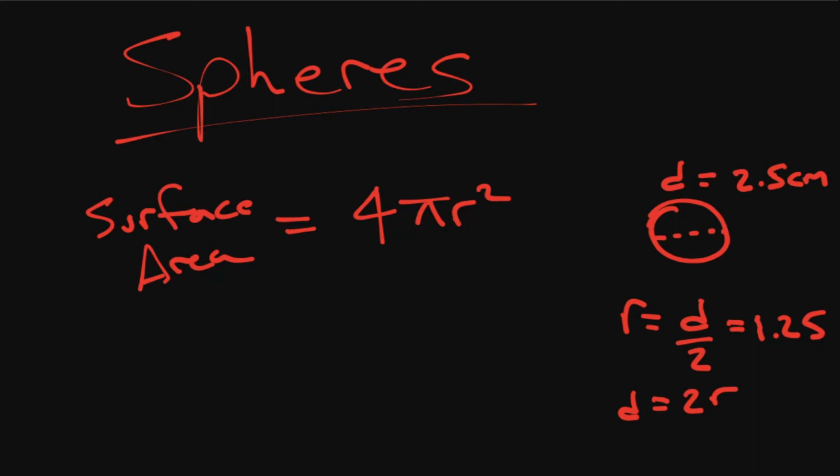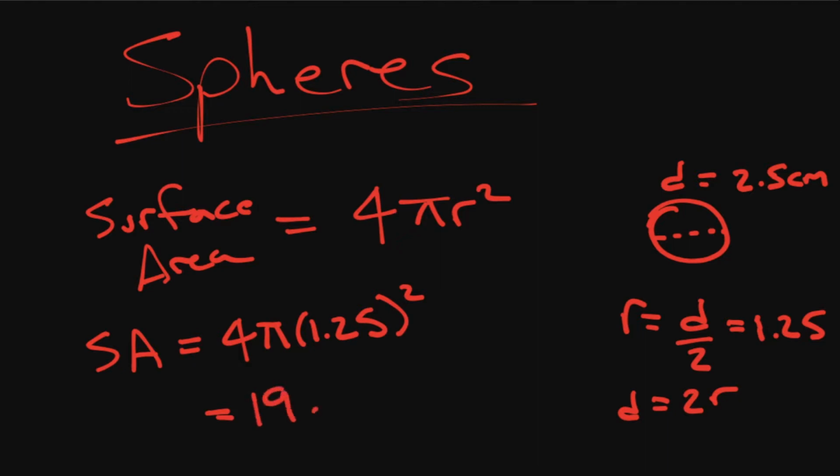So there we have the radius, and then the surface area is honestly just plug and play. So 1.25 squared times pi times 4, we get approximately 19.6.